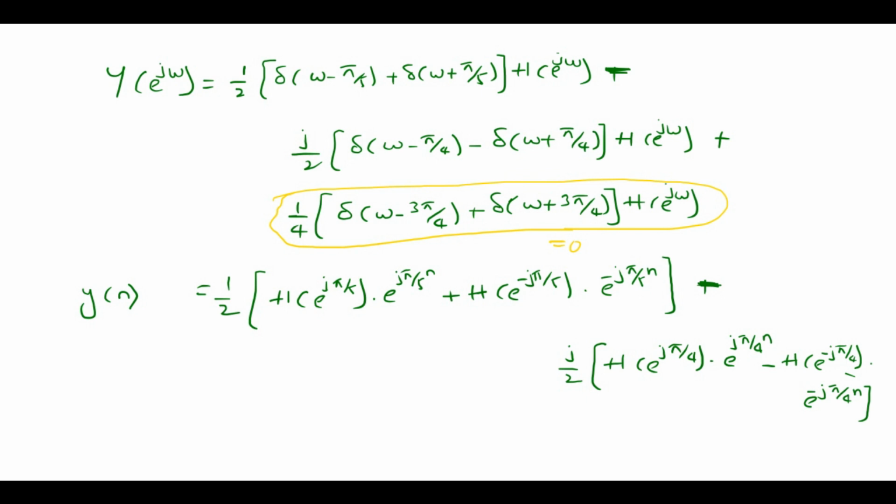So now find the values of H of e power j pi by 5. At omega equal to pi by 5, that comes under the 0 to pi by 2 range.